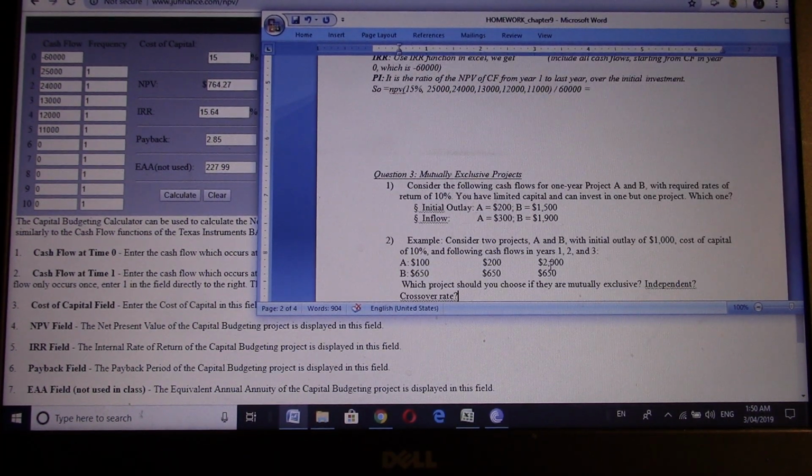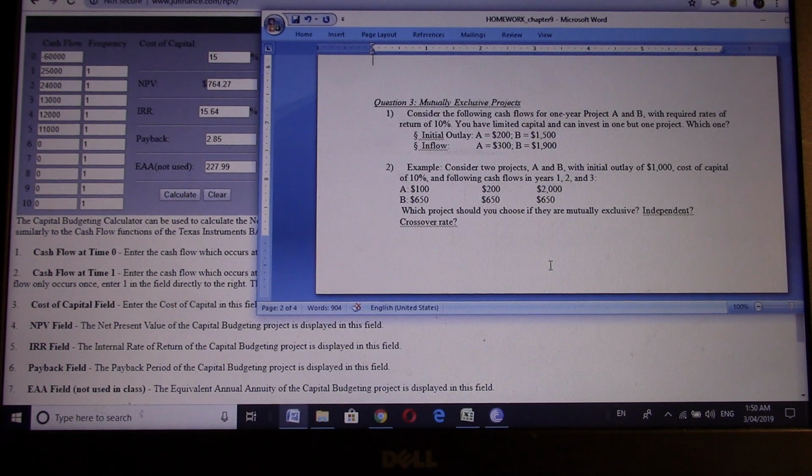Okay, the third question. Now the question is about mutually exclusive projects. Now you have 2 projects to choose from. One is project A, one is project B, and the cash flows are very simple.